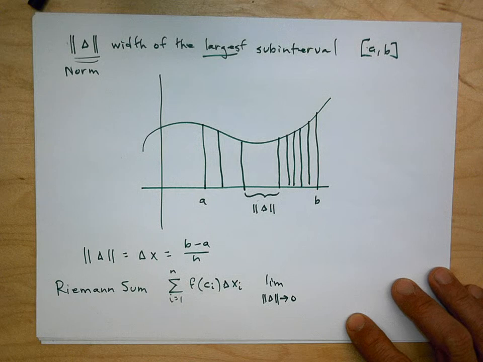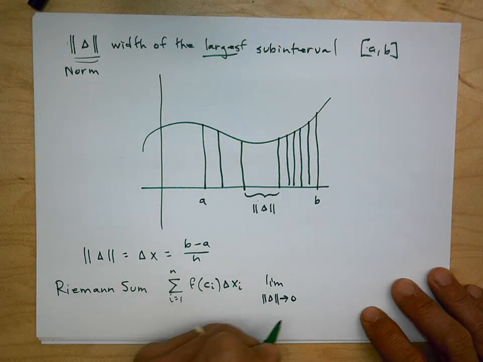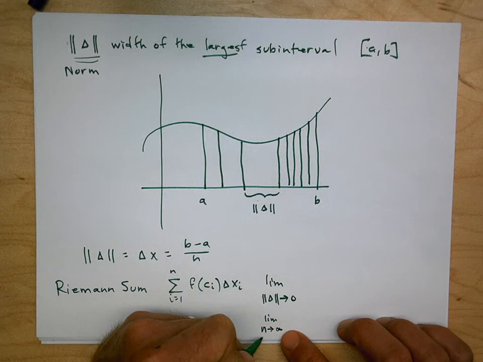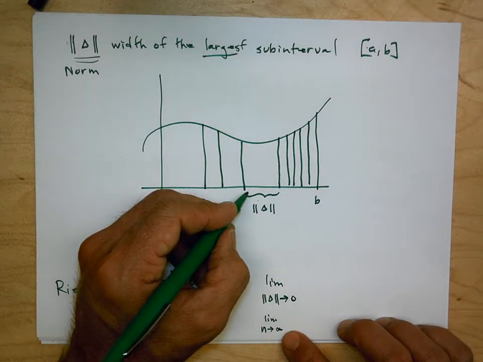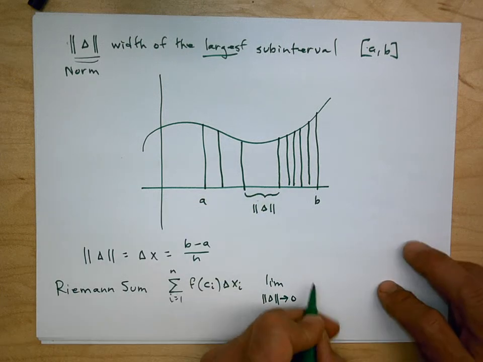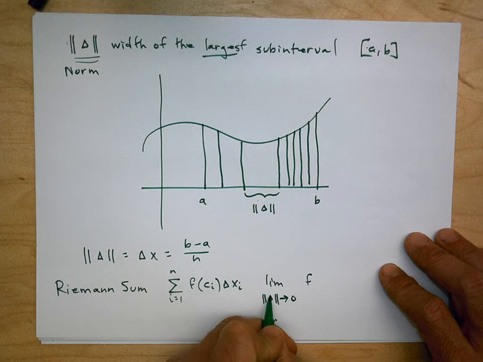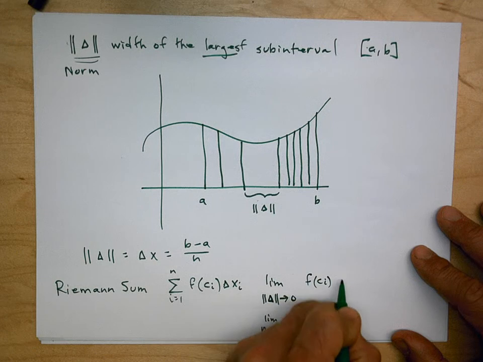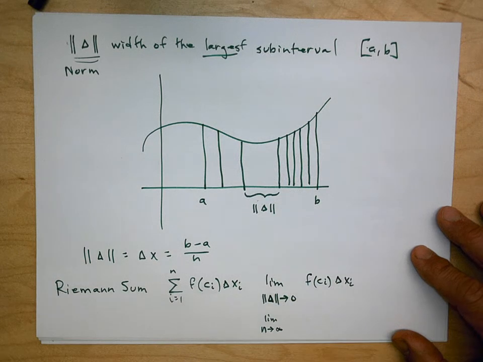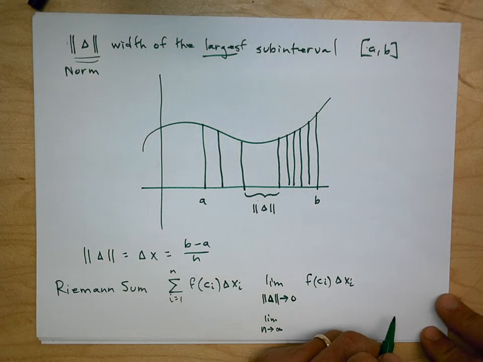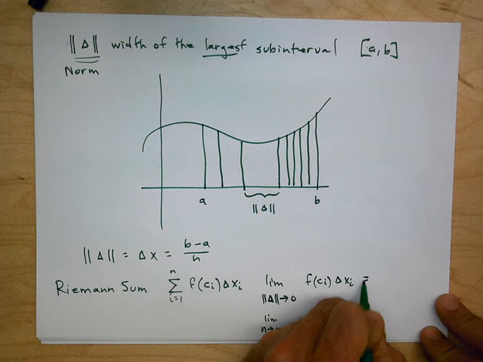We can think of this as replacing the limit as n goes to infinity, because as we put more and more rectangles in, the largest width of any of those rectangles is going to go to 0. So the limit of the Riemann sums as that width goes to 0 is going to be the area.